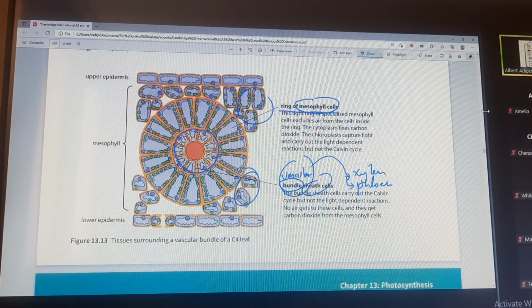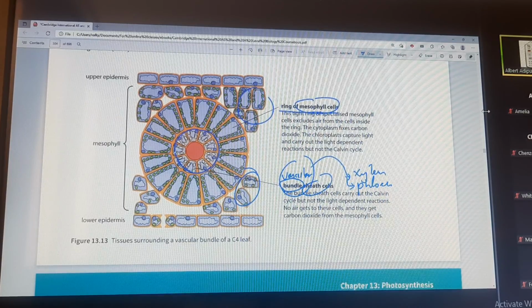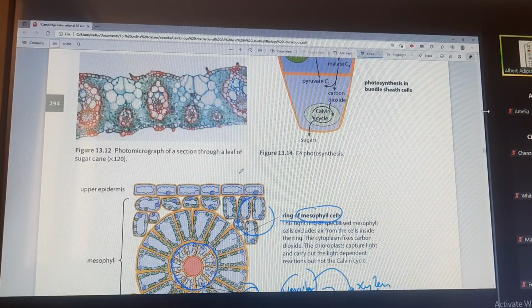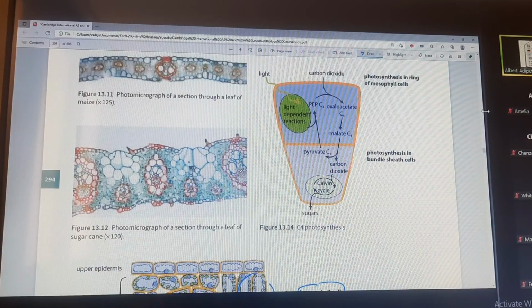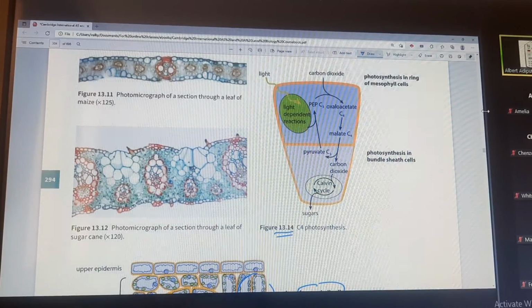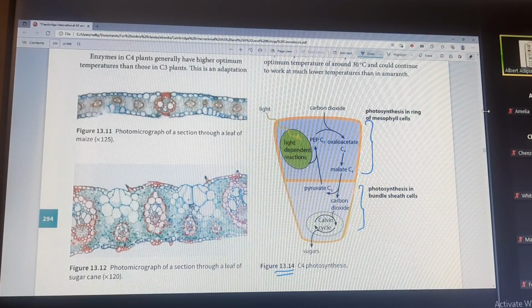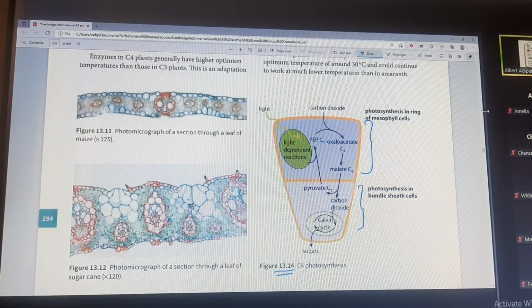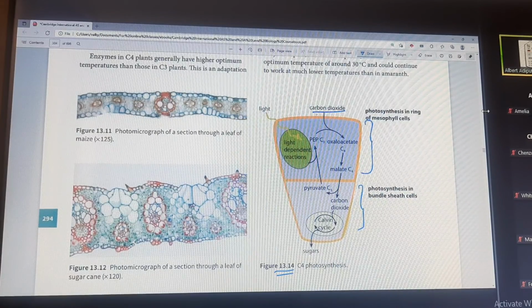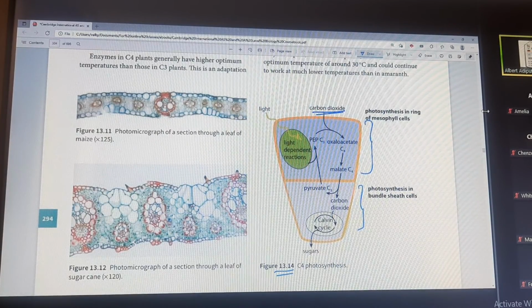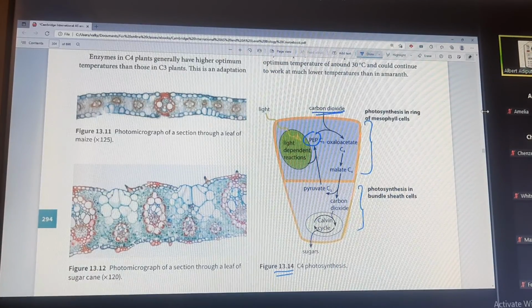Now, how does it happen? Let's take a look at figure 13.14 here. We only take one mesophyll cell and one bundle sheath cell. In the mesophyll cell, carbon dioxide is not fixed by RuBP, but it is fixed by PEP, phosphoenol pyruvate.